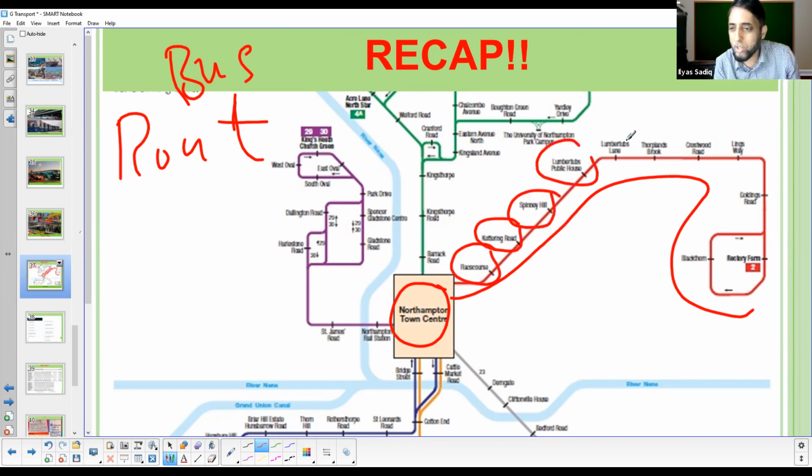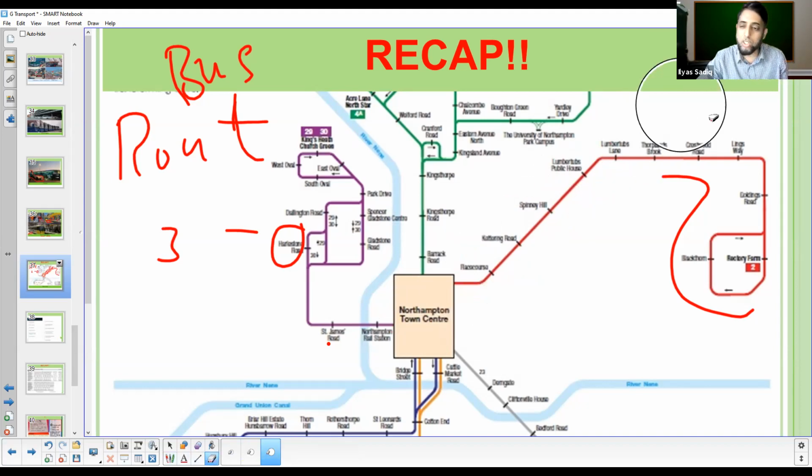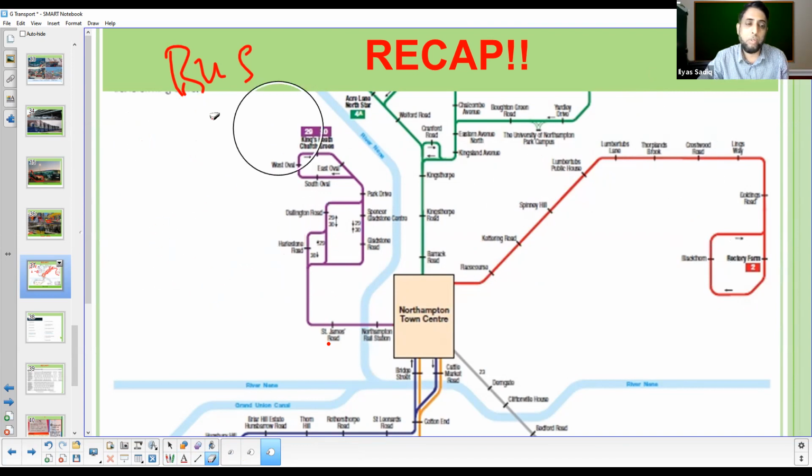Which bus stops is it going to? For example, if you want to go there, you know, oh, I'll take this, and 1, 2, and this is the third bus stop there. So the whole thing is called the bus route. How the bus goes there, with all the stations that come in between. So this is a bus route.